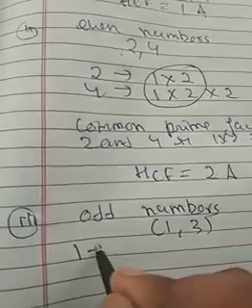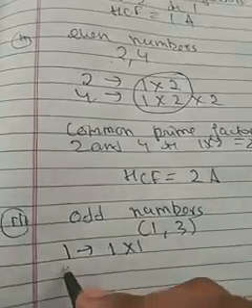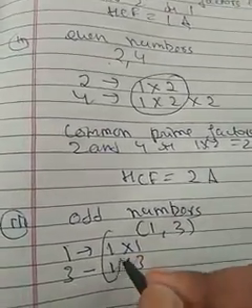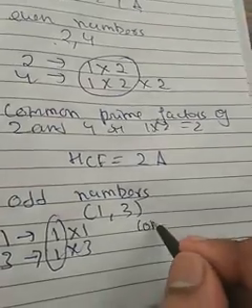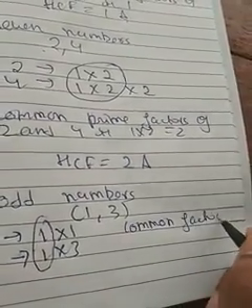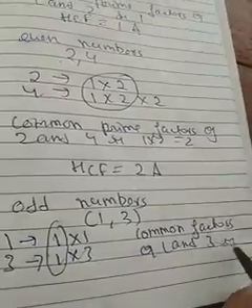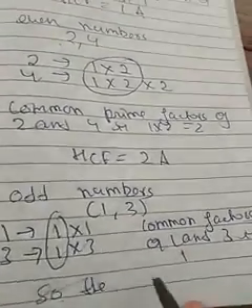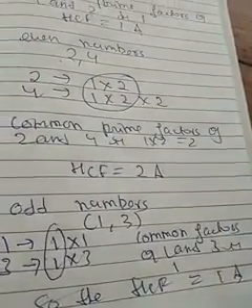First step, we will find the prime factorization of the numbers. 1 we can write as 1 into 1, and 3 as 1 into 3. So here the common factors are 1 and 1. Common factors of 1 and 3 is 1. So the HCF is equal to 1. Answer.